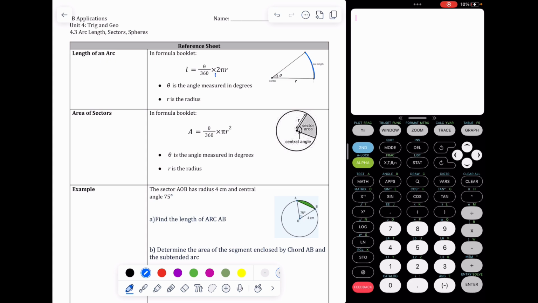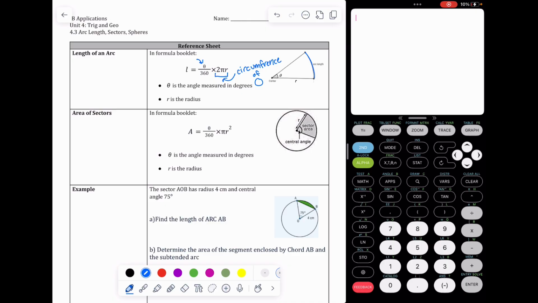So if we look at this formula, 2 pi r, that is just the circumference of a circle. And then we have to multiply that by whatever portion of the circle we have.